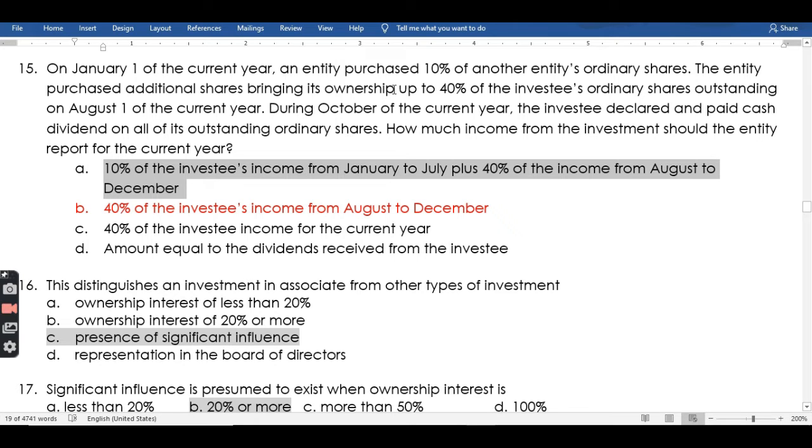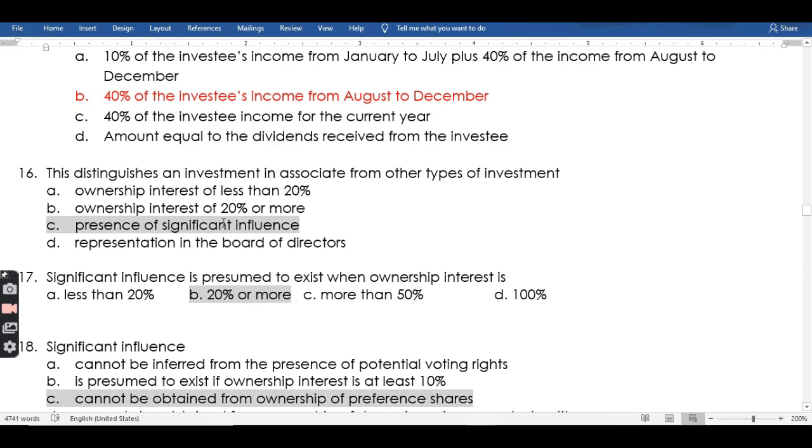So kapag nagkaroon ng step acquisition, saka ka lang mag-recognize ng income from associate kapag nagkaroon ka na ng significant influence. Saka ka lang nagkaroon ng significant influence noong August lang. So, ibig sabihin, may right ka lang over the income of the associate nung naging associate mo na siya. Okay, so ibig sabihin, letter B.